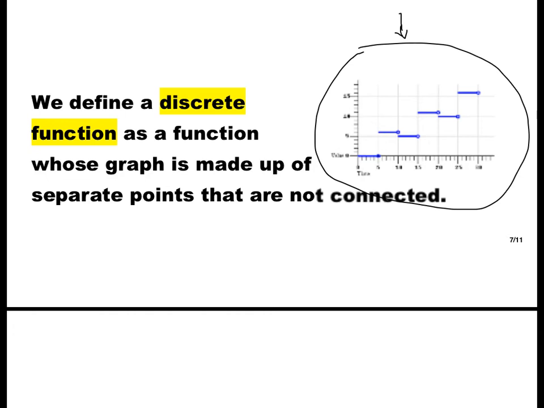At the same time, look at the relationship between your age and the number of children you're going to have. The number of children cannot be any decimal value. You cannot have 2.5 kids. You have either 2 kids or 3 kids. So the relationship is represented by a discrete function, not a continuous function.